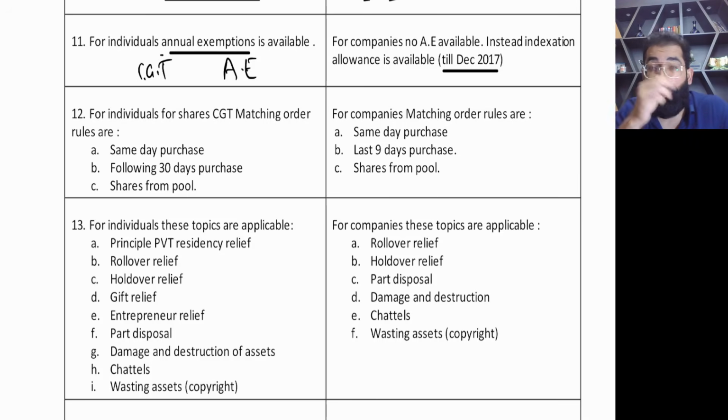For individuals, the matching order rules are: same day purchase, number one, then following 30 days purchase, and then shares from the pool. But if you are a company and you are selling shares, the matching order rules are: same day purchase, then last 9 days purchase, and then shares from the pool.